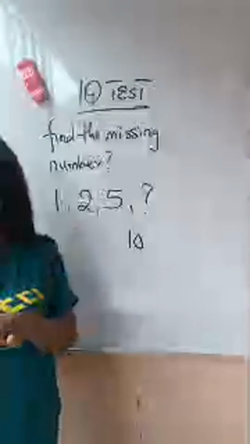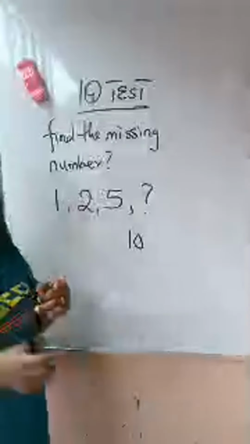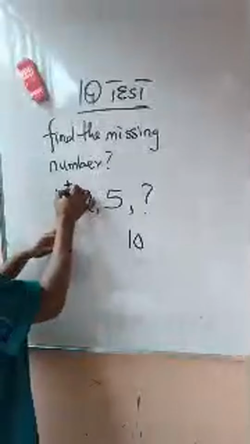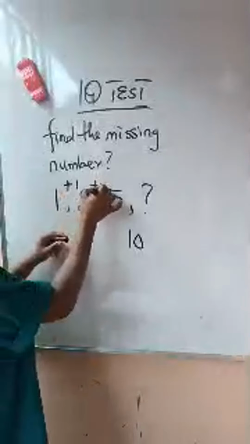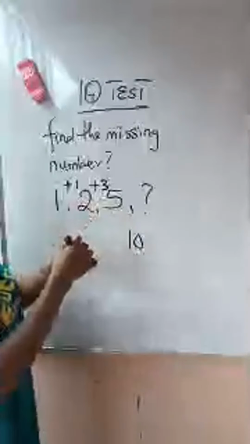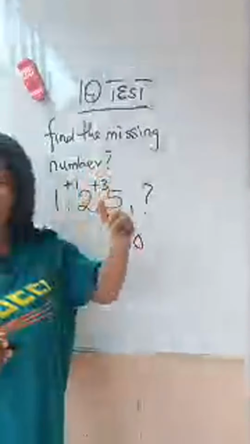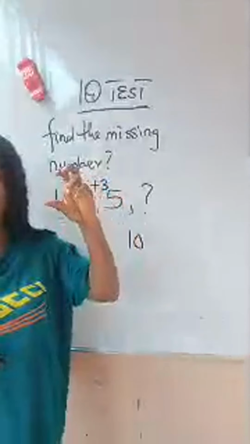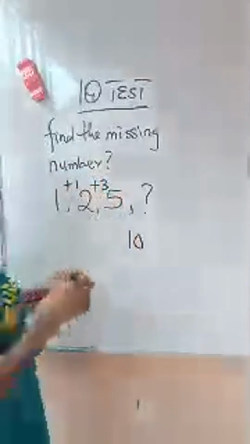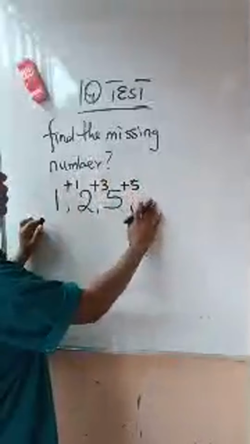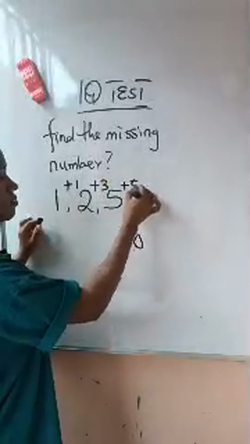Now, this is what he said the answer is using his own pattern. He assumed that they added 1 here, they added 3 to get this. So he is assuming that they are skipping numbers and adding odd numbers. That means he believes it's supposed to add 5 here, and when you add 5 here, you get 10.